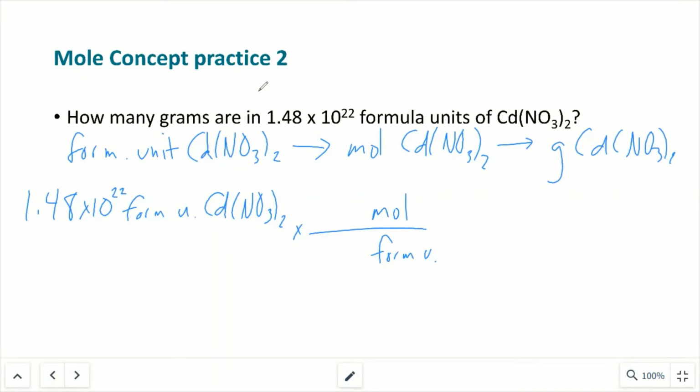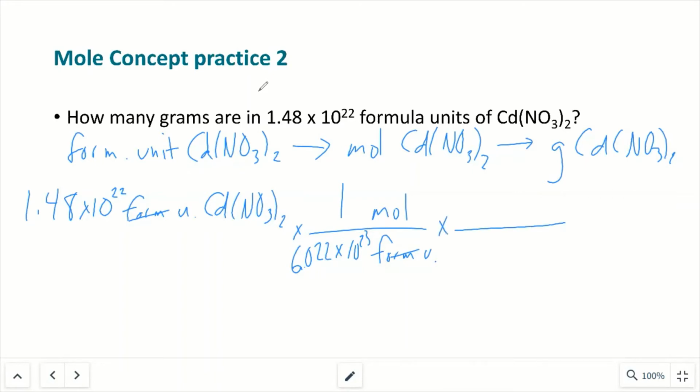The conversion there is 1 mole for Avogadro's number of formula units. So my formula units cancel out. Now I have moles of cadmium nitrate.